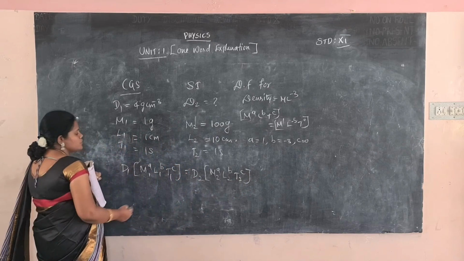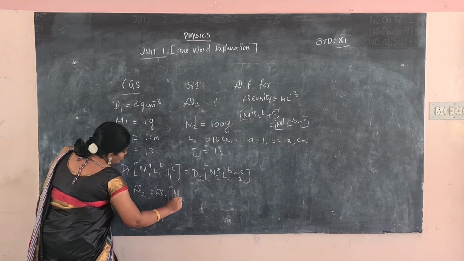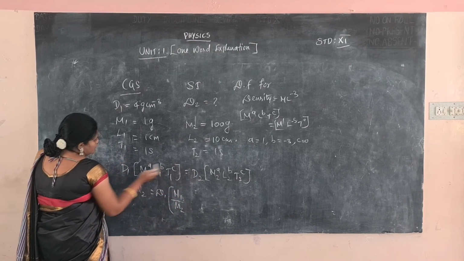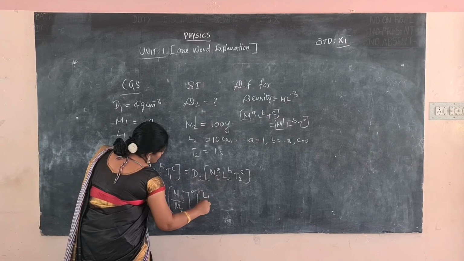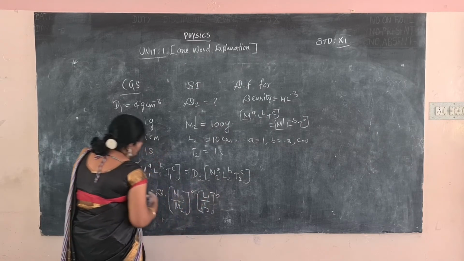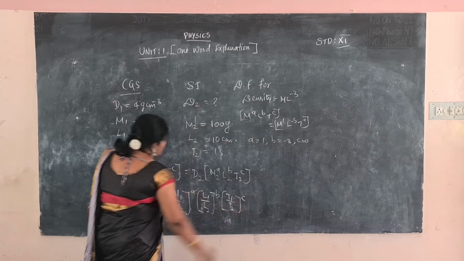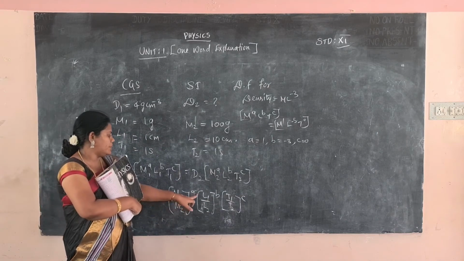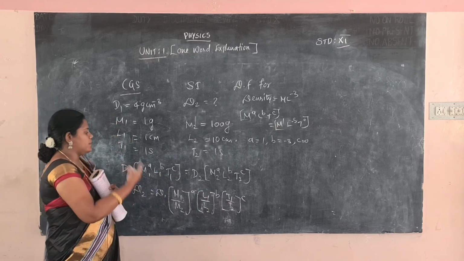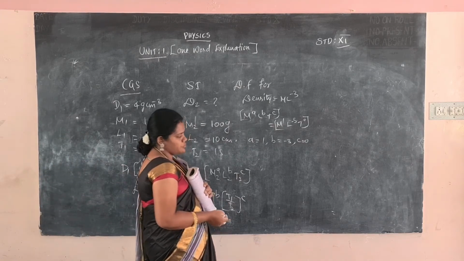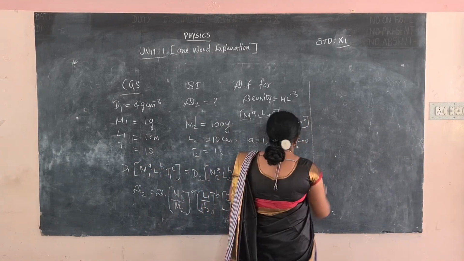We want D2, so D2 is equal to D1 into M1 by M2 the whole power a, L1 by L2 the whole power b, and T1 by T2 the whole power c. Substitute the D1 value, M1, M2, all the values. So how will you substitute? We have to substitute the M1, M2 values and the a, b, c values.